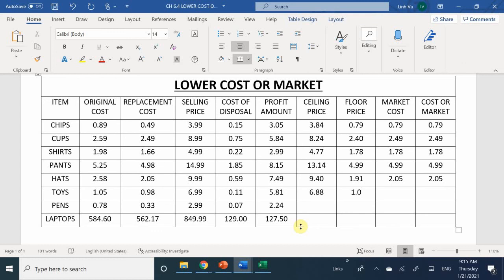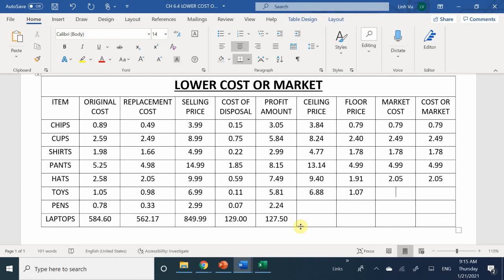I did not get 1.07. How did you get 1.07? Oh, okay. It turned out to be 1.07. Sorry about that. Okay, and then what else?